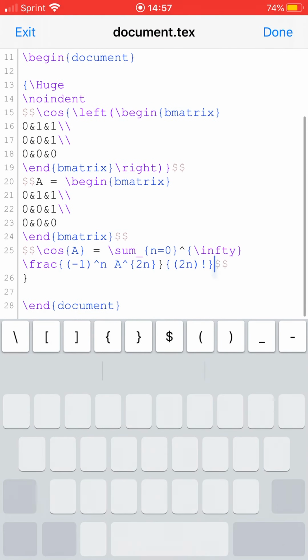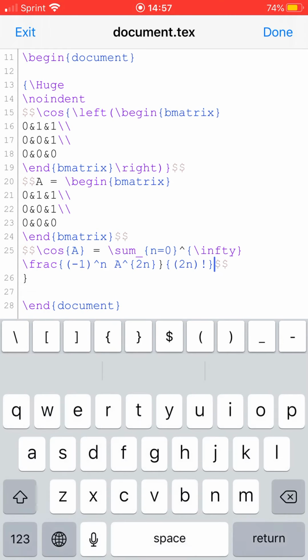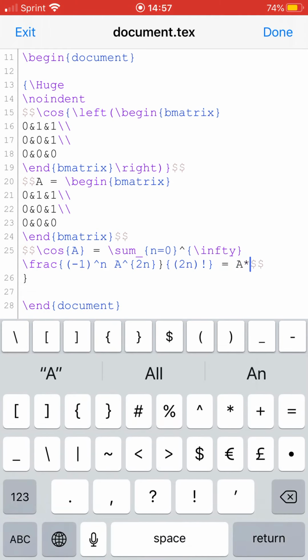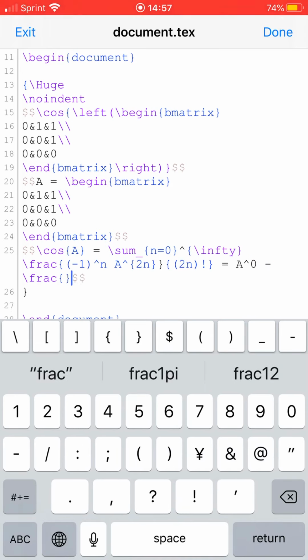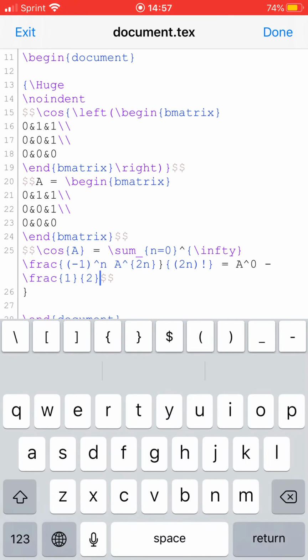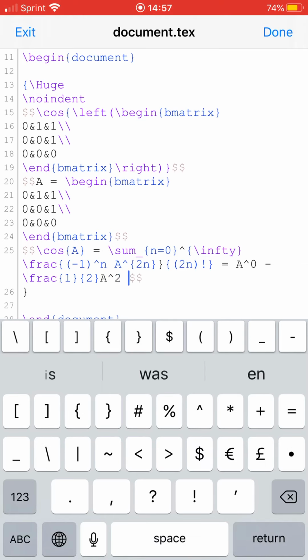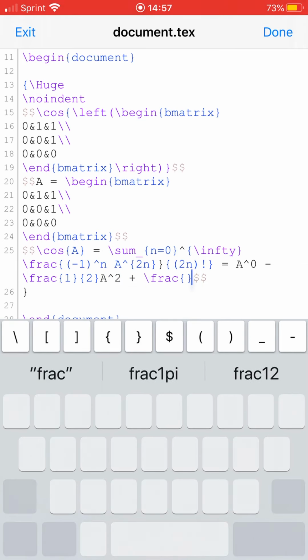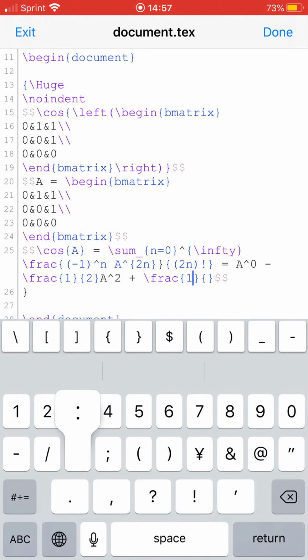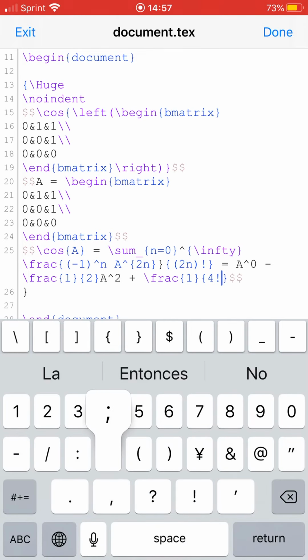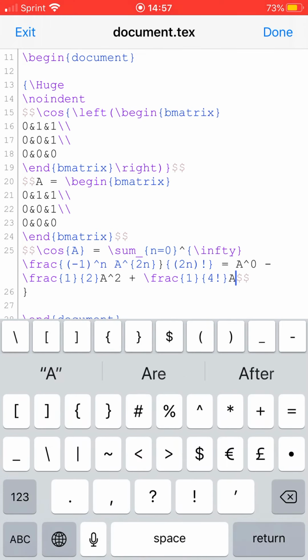If we expand the sum, we get A to the 0th power, minus 1 over 2 factorial, which is 1/2, times A squared, plus 1 over 4 factorial times A to the 4th power, minus and so on.